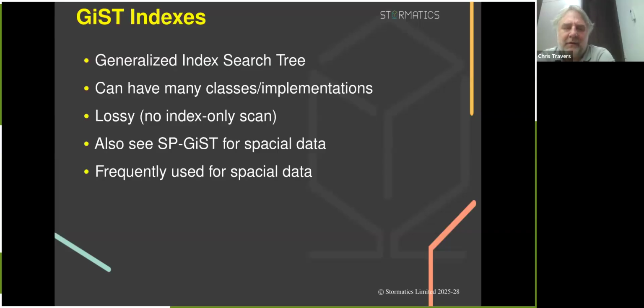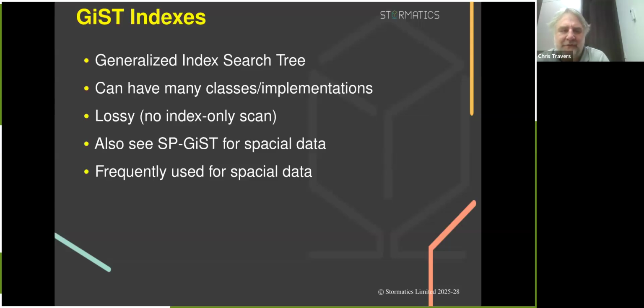Because this is an interface, you have tons of different implementations. Each op class implements its own GiST type behind the scenes. Historically, these are most heavily used for spatial data as well as for things like full text search.